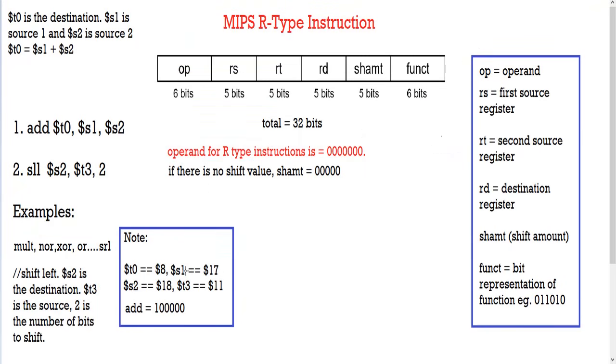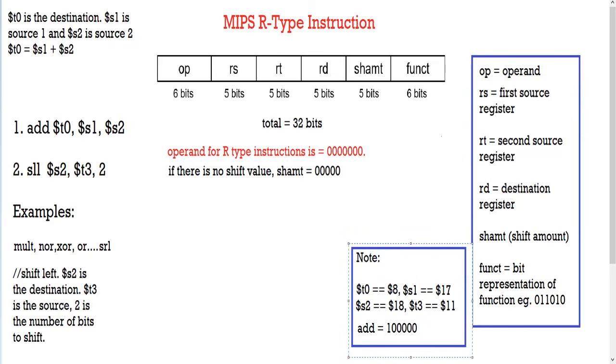Since S0 was register 16, S1 will of course be register 17, then S2 is 18, and T3, if you just figure it out, is 11. And I've also included the binary representation of the add instruction. Now this is a fixed value and it will most probably be given to you in the questions, so don't think that you need to memorize this one.